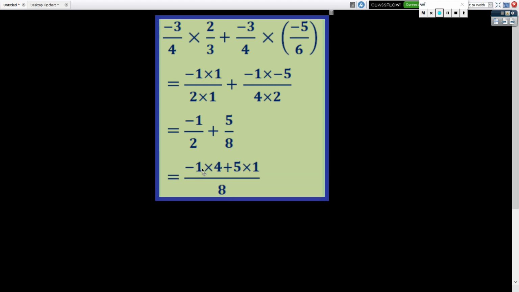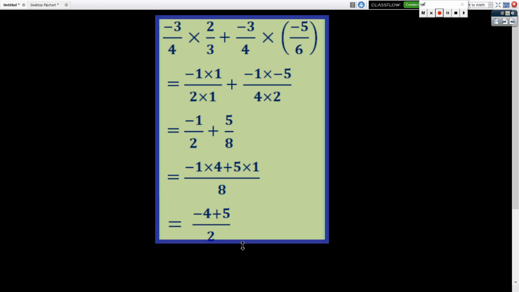This you can write as, 2 and 8, LCM is 8. 2 8 4 times, so negative 1 into 4, plus 8 8 1 time, so 5 into 1. Negative 1 into 4 you will get negative 4 and 5 into 1 you will get 5. So negative 4 plus 5 by 8.